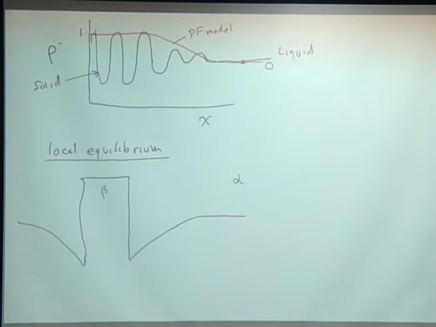That's alpha. Local equilibrium implies that the interface mobility goes to infinity, or in other words, the material, the alpha and beta, at the interface are in equilibrium.